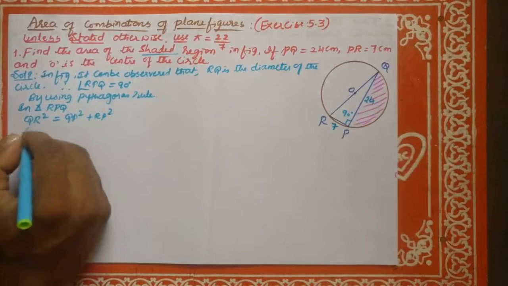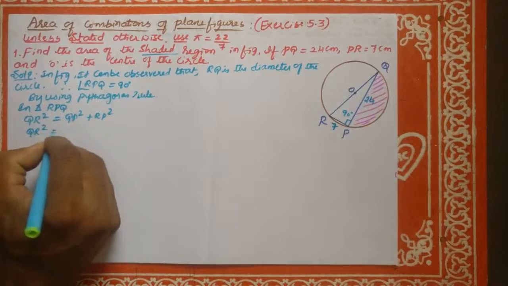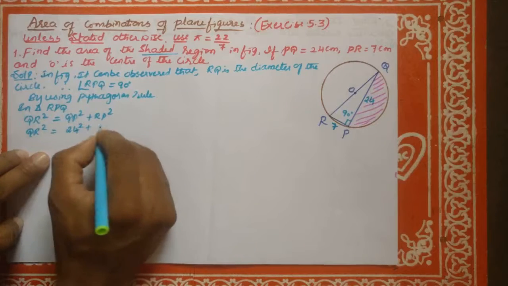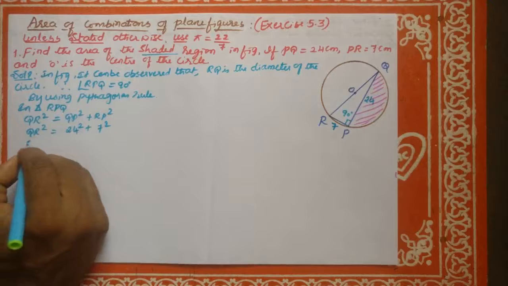QR square is equal to 24 square plus 7 square.